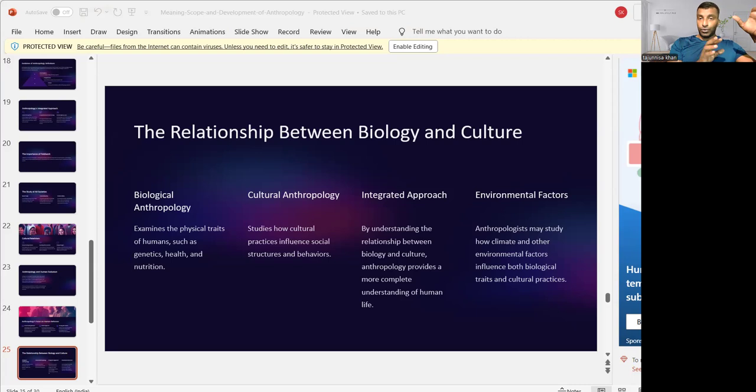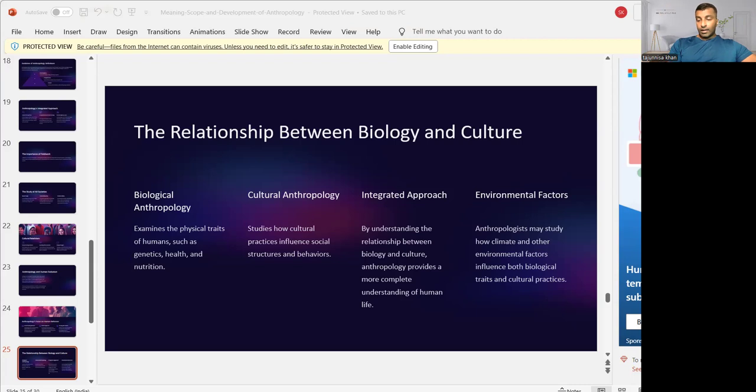If you combine both, that gives you a holistic understanding of a particular society and the human being. Environmental factors have a huge impact on the way you look, the color that you have, the physical traits that you have, and the customs and practices which you follow.